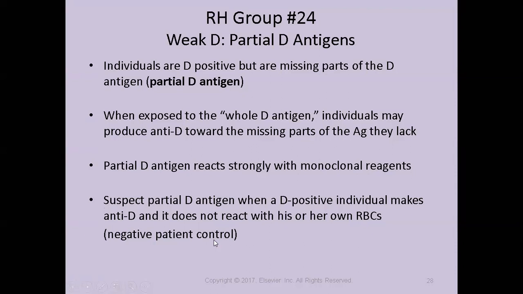And remember, patient control is when we take the patient's 3 to 5% red cells and combine it separately with serum and plasma from them, and we get a negative reaction. Okay, so the anti-D that they have does not react with their own cells. However, it reacts with other D positive cells, and that's a clue that they have partial D. This is also more prevalent in blacks.